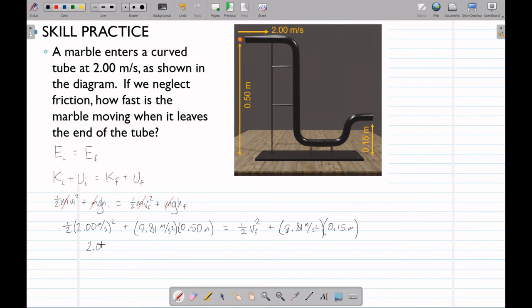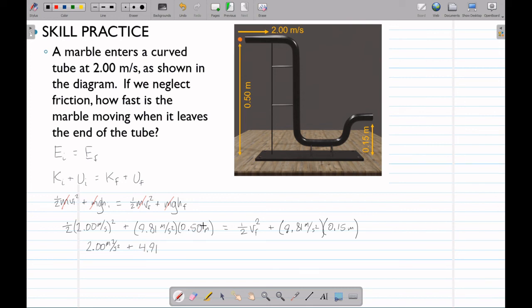But we're going to have 2.00 meters squared per second squared, because you don't just square the number, you also square the unit. So we squared 2, which is 4, but then we took 1/2 of 4, so we're back down to 2, but our units have been squared. Plus 9.81 times 0.50, and if you punch that into the calculator, you're going to get 4.91.